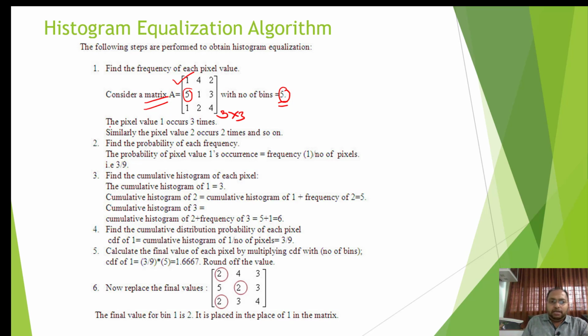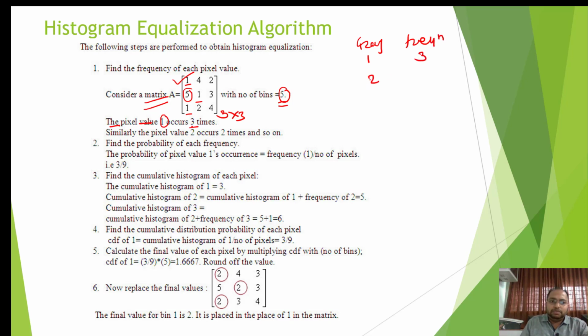Here the pixel value 1 occurs 3 times. So 1 has been represented 3 times. What is the frequency of occurrence of this 1 as gray level? It is 3. So gray level is 1, and frequency of occurrence is 3.